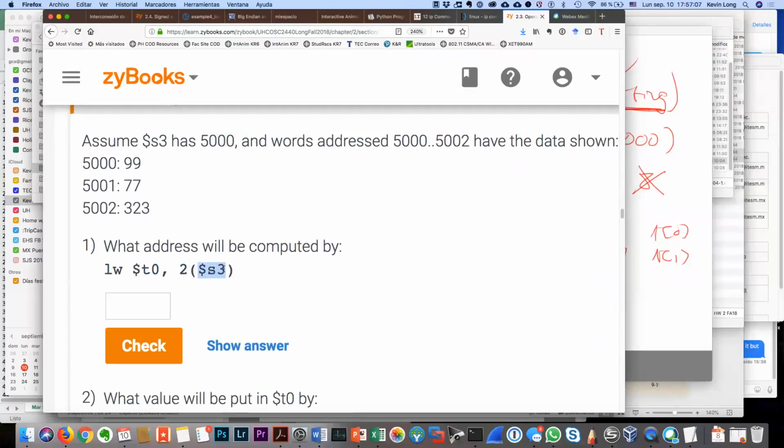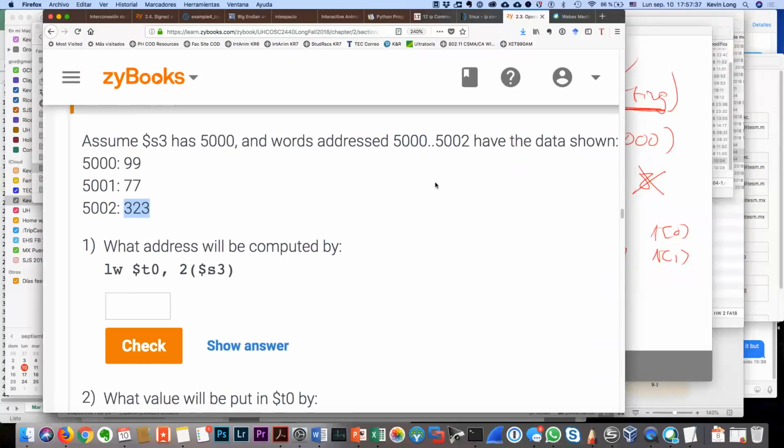Okay, do I go to memory location 5,000 and look up its contents, or is it 5,000? It's just 5,000, exactly. There are addressing modes that'll keep going and going, but we're not there yet. So 5,000 it is. This says add 2 to it. We'll end up with the address 5002, and we're going to load into T0 what is at address 5002, which is 323.